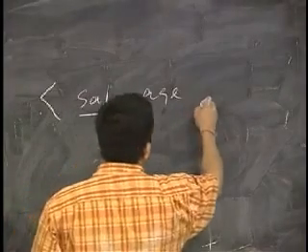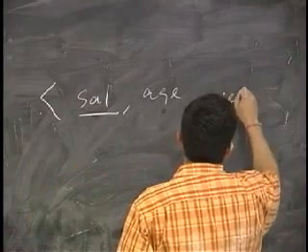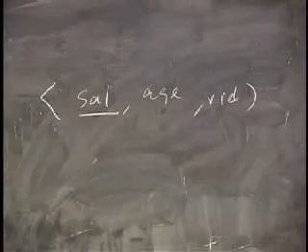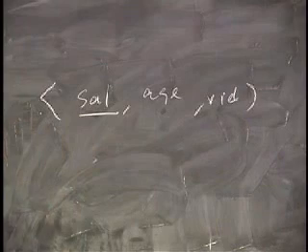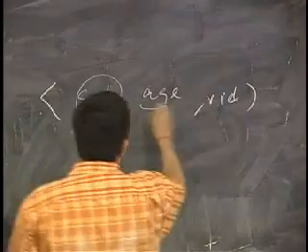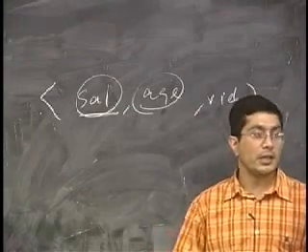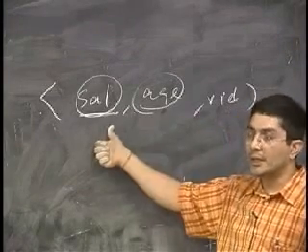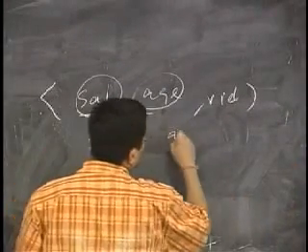So if we take a composite index on salary and age, you can have two types of queries built on it. One is in which both the fields are specified. That becomes an equality query, where both of them are qualified. So you can say salary equal to 20, age equal to 10.